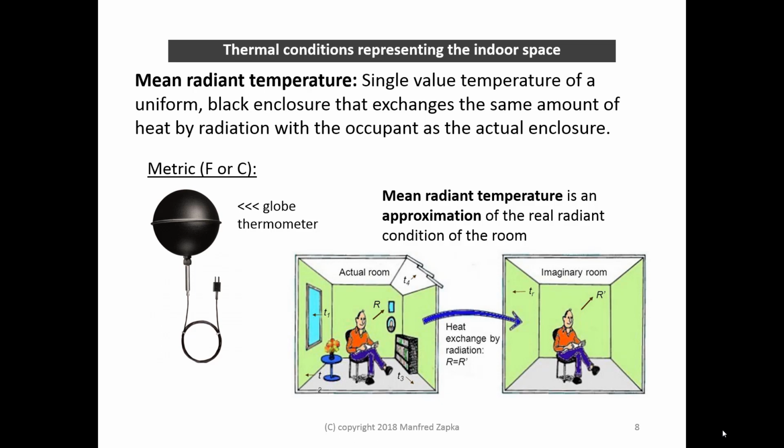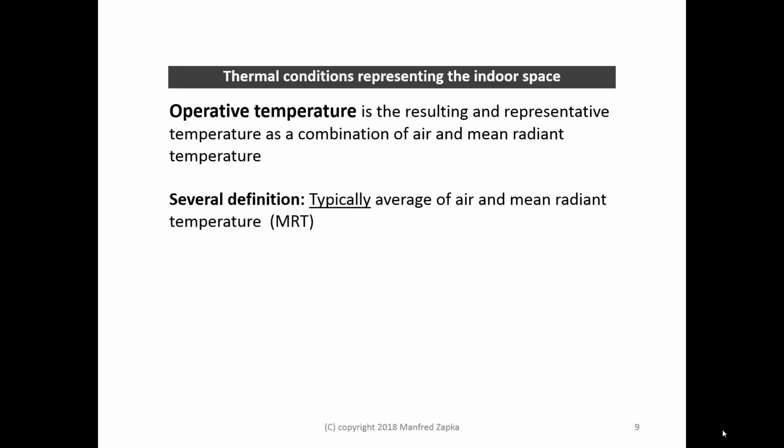So we have air temperature and mean radiant temperature, and right now we get an expression which is also very useful, and it's called operative temperature. It is the resulting and representative temperature as a combination of air temperature and mean radiant temperature.